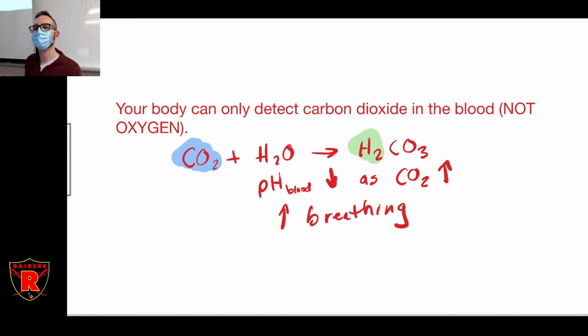It means you have high CO2, which triggers you to increase your respiratory rate, all based on the pH of your blood. Meanwhile, you have no way to detect oxygen whatsoever. It's kind of a strange system.